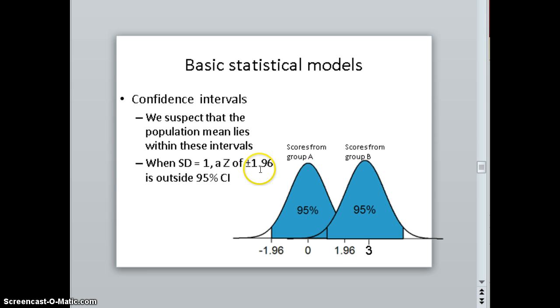And you can just remember that a z of 2 is 95%, 1.96 or 2. It's pretty darn close. So in this case, there may be an effect that's driving the larger z-scores on average for group B here. Okay. They have an average z of 3, whereas this group has an average z of 0.